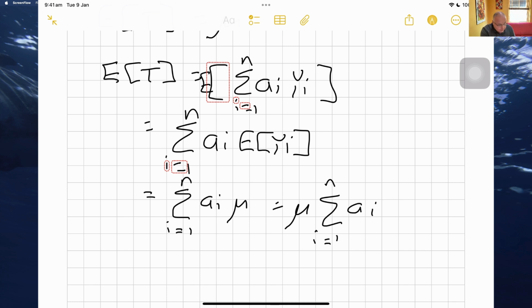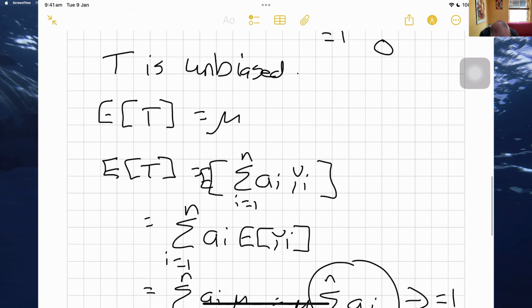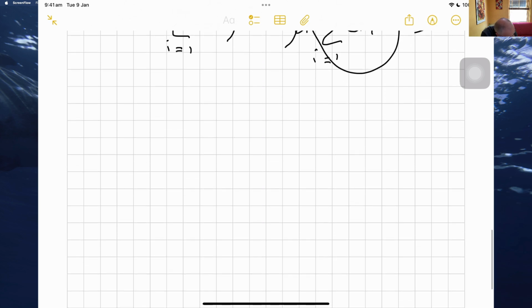So this is only going to be unbiased if this equals 1. So let's go all the way back up here. I've got this is equal to 1. 1 minus 1 is 0.